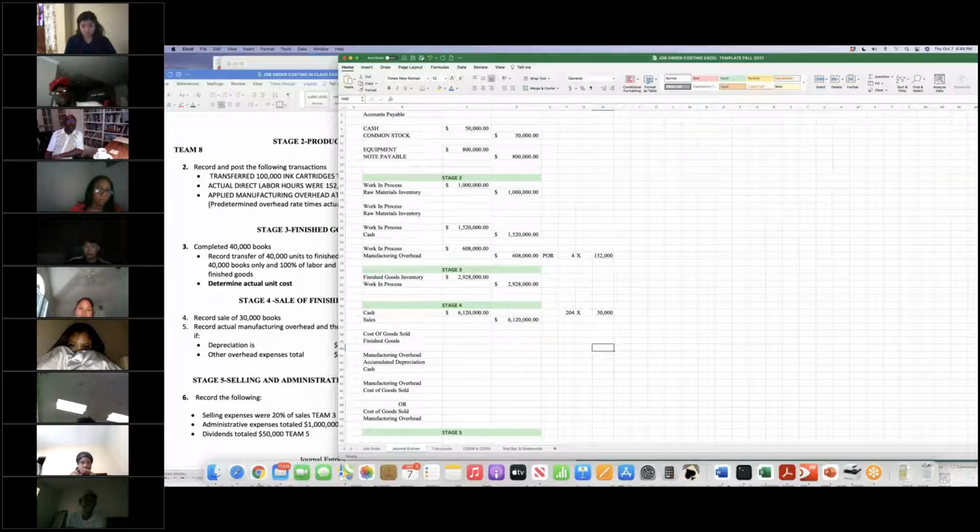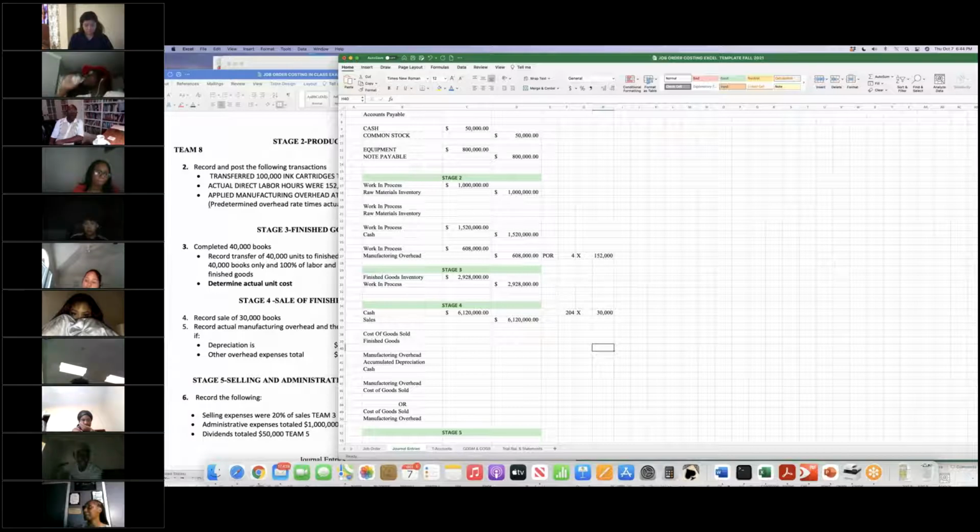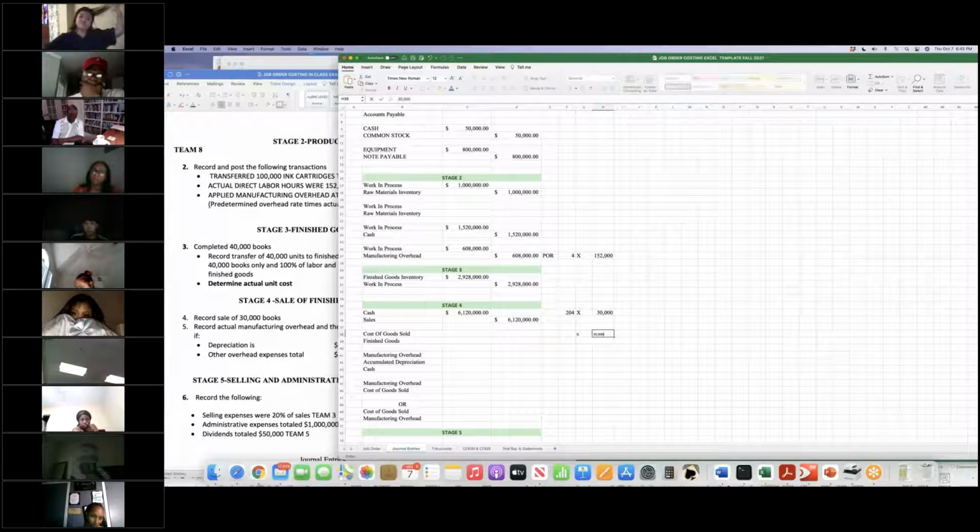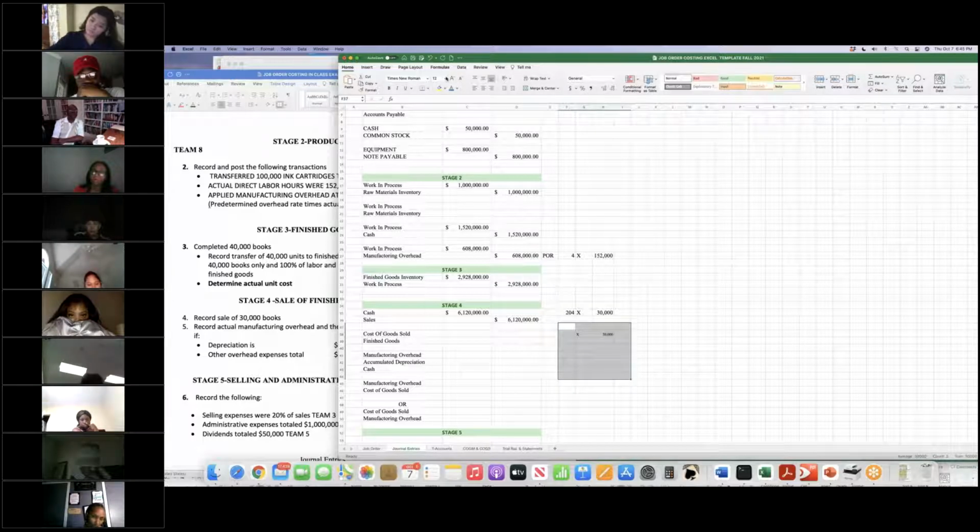Now we know whenever we sell something, we've got to take it out of inventory and put it in cost of goods sold. So how much are we going to put in cost of goods sold? Got to put in for 30,000. Selling price 204.